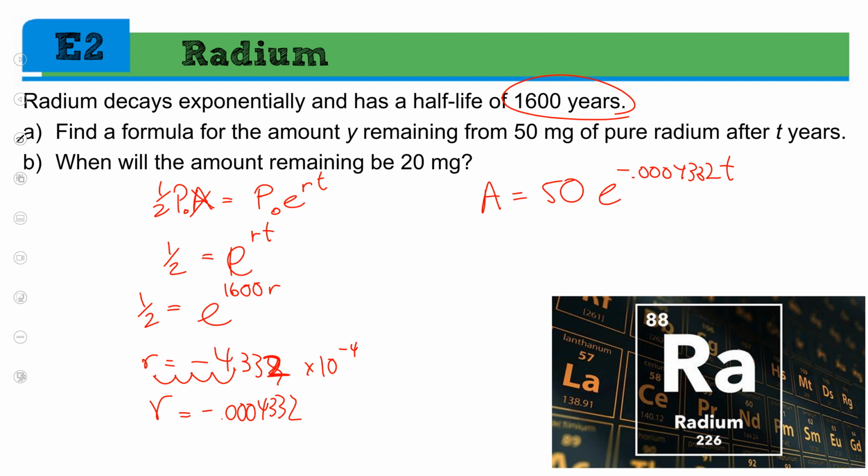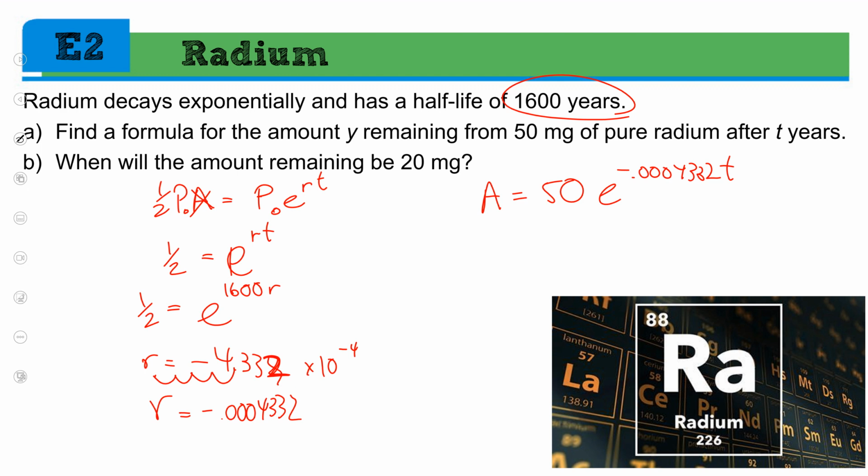Only two questions. How much radium do you have after X number of years? Or how much time does it take to get X number of things? Okay. And then part B is the opposite of what I asked in the last example. How long is it going to take to get 20 milligrams from 50 milligrams?